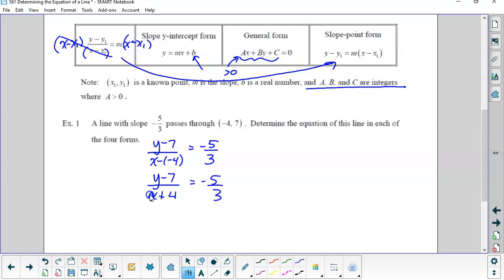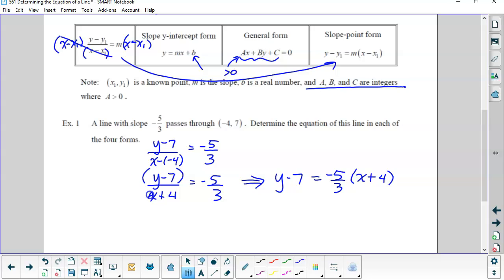What you might want to do right away is go to the slope point form, because really what you're going to do is get this by itself. So you're going to multiply through, so it's going to be y minus 7, and you're going to multiply through by the denominator, right?